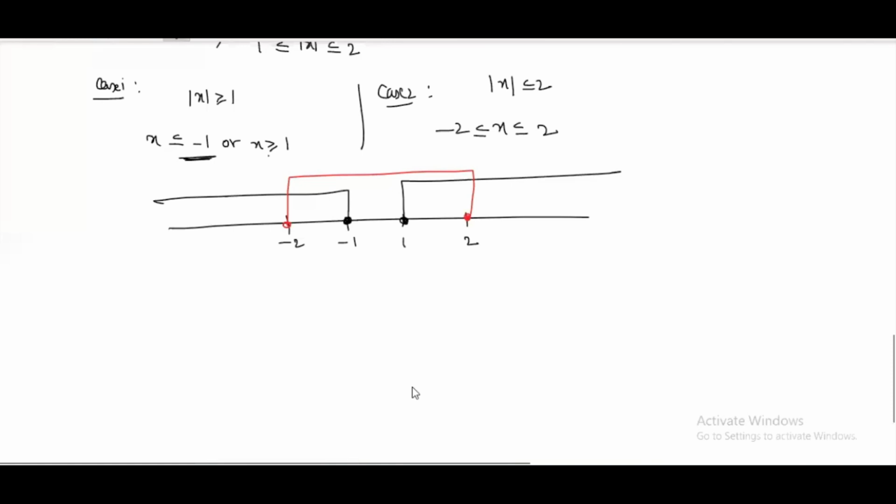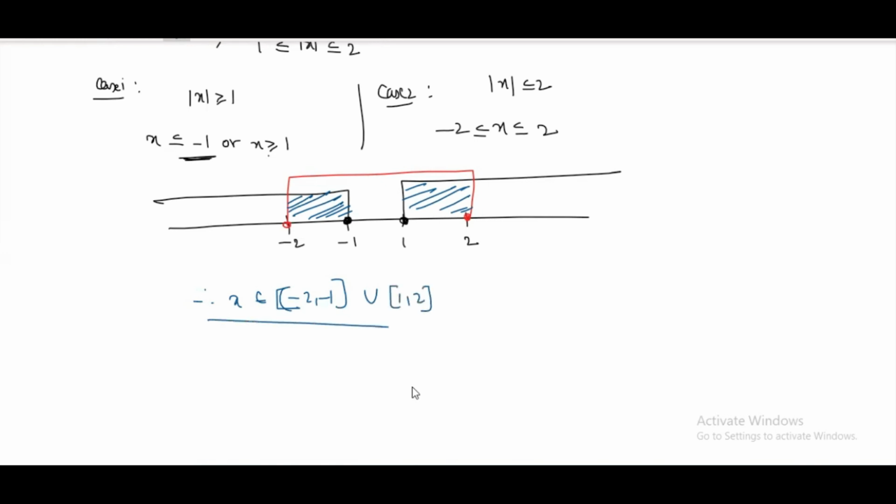If you see the common area here, what we got for x is that x belongs to closed interval minus 2 to minus 1, union closed interval 1 to 2. So this is the solution for the above question.